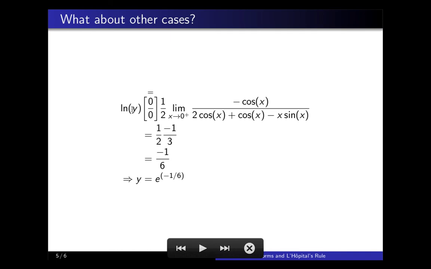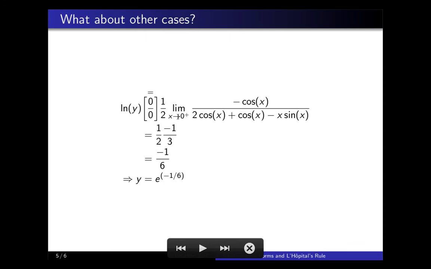So this will tell us that our natural logarithm of y is going to be equal, after our simplifications, to 1/2 times the limit as x goes to 0 from the right of minus cosine of x over 2 cosine of x plus cosine of x minus x sine of x. That limit is going to be minus 1/3.